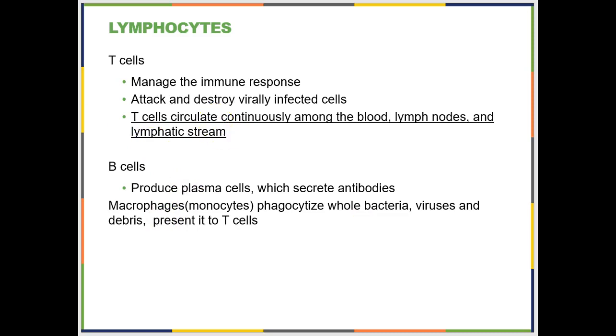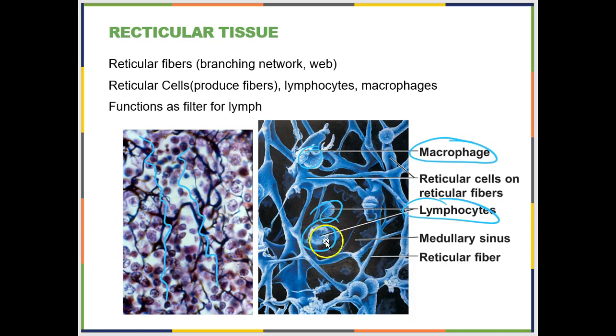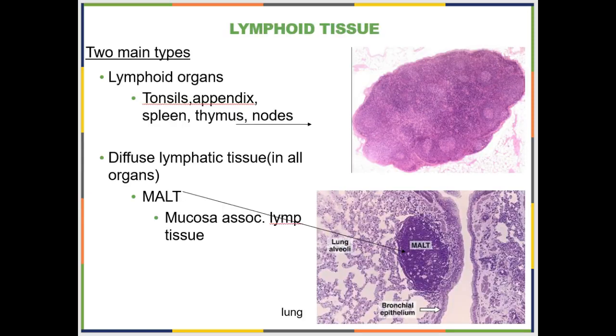So any lymphocyte, if we go back here, right, will spend a little bit of time attached to these reticular fibers hanging out in a lymph node or the spleen or a tonsil. Then it'll let go and get flushed through with the lymph and end up in the bloodstream, and then it might hang out somewhere else in a different lymph node or in a different organ. So your immune cells spend a little bit of time in each part of the body. This is why your immunity is systemic.